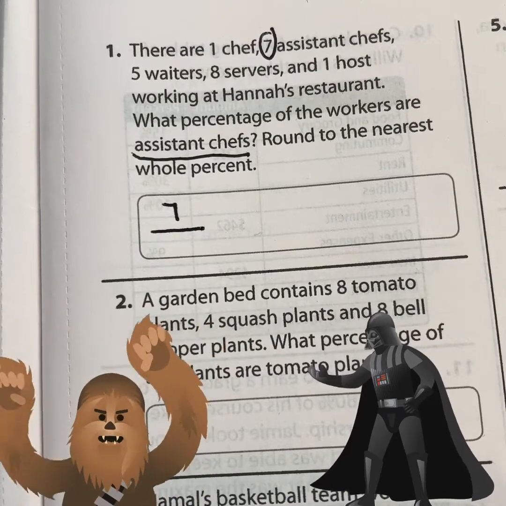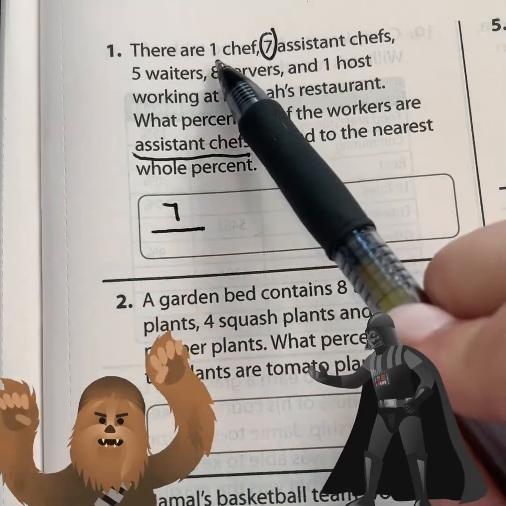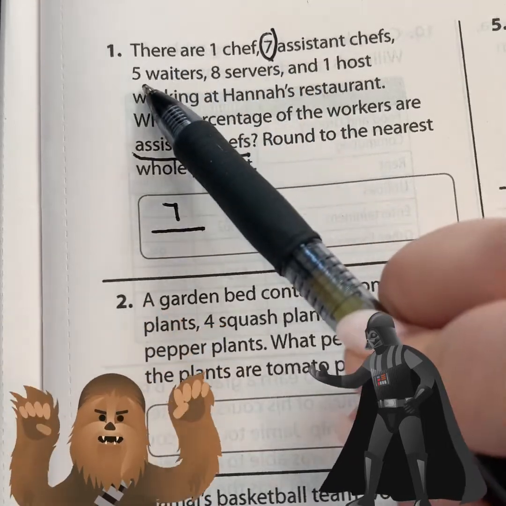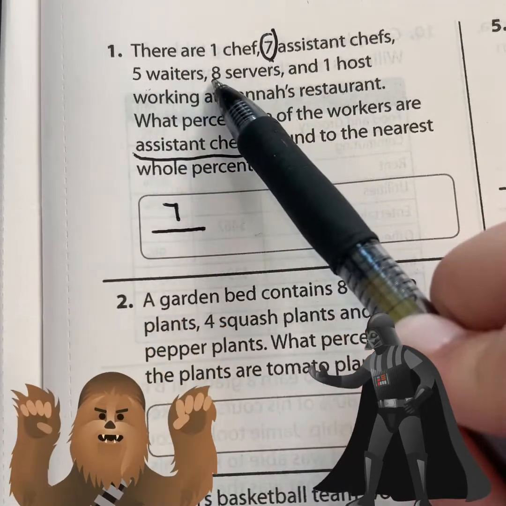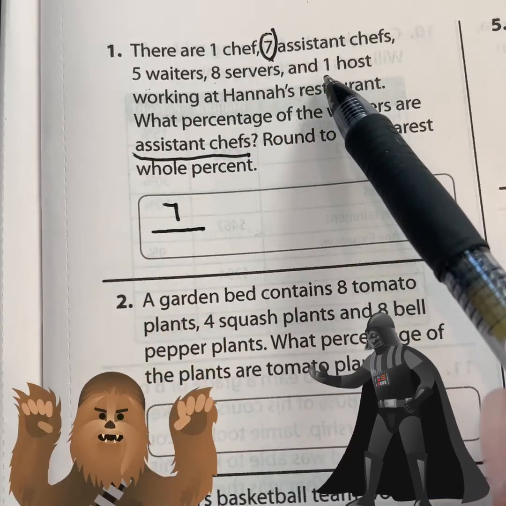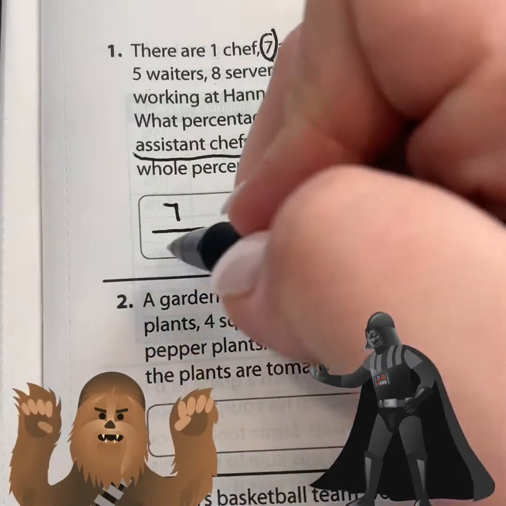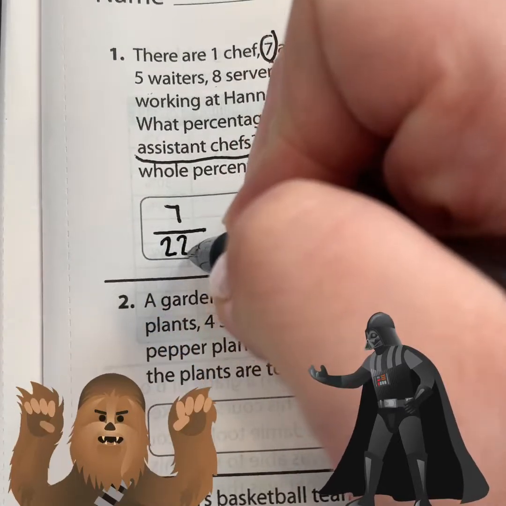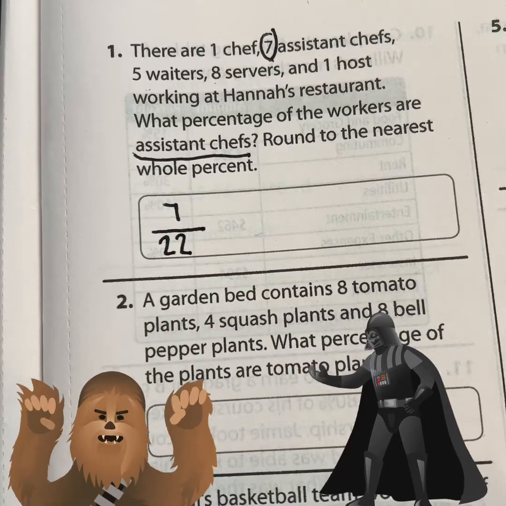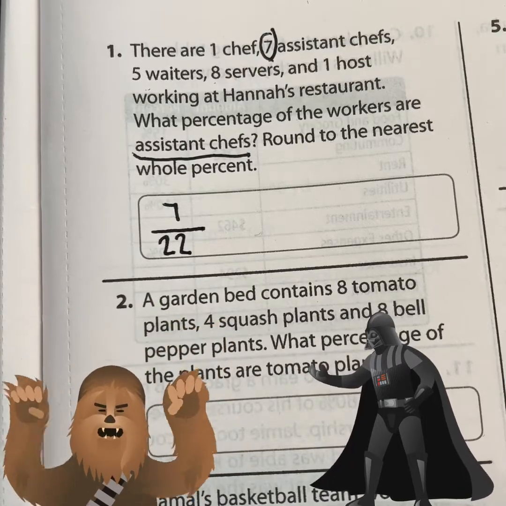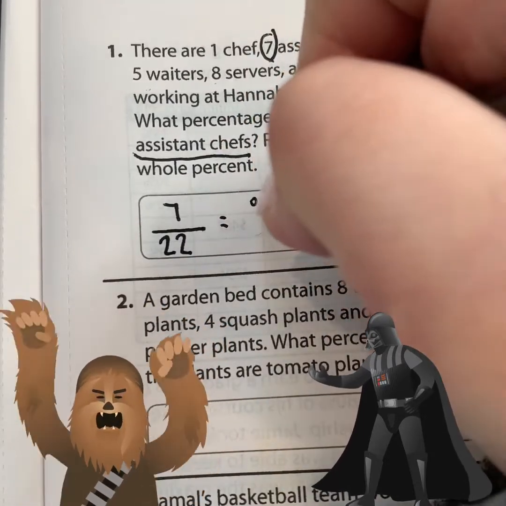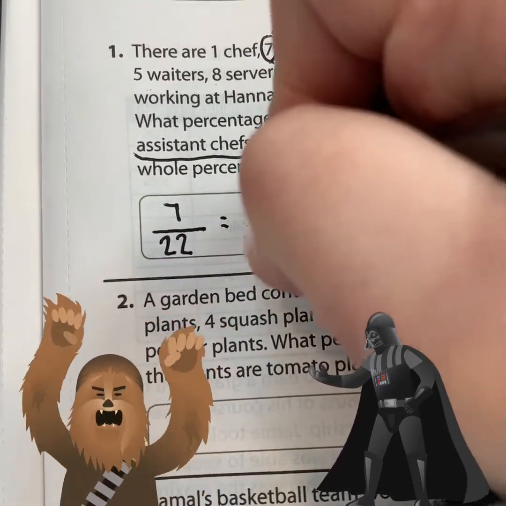So that means we have to add up all of those people. So 1 chef plus 7 assistant chefs plus 5 waiters plus 8 servers plus 1 host gives us a total of 22 people that work there. Now we're wanting to turn that part to whole ratio into a percentage. So we're going to make it equal to percent over 100.